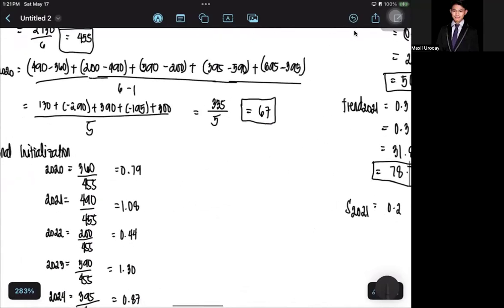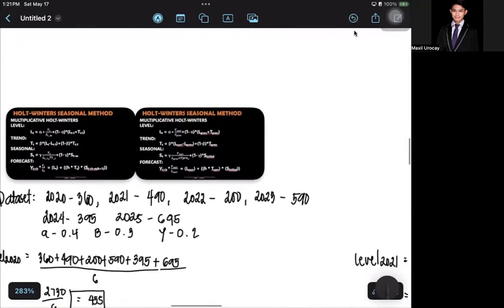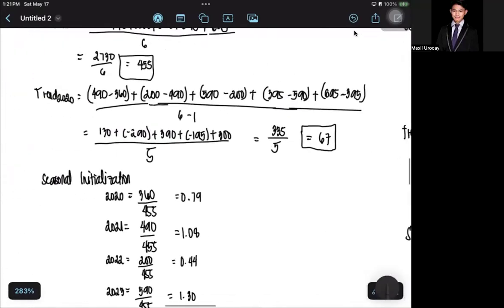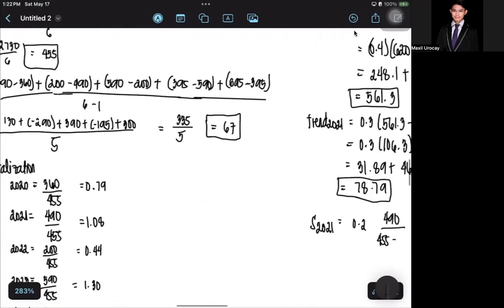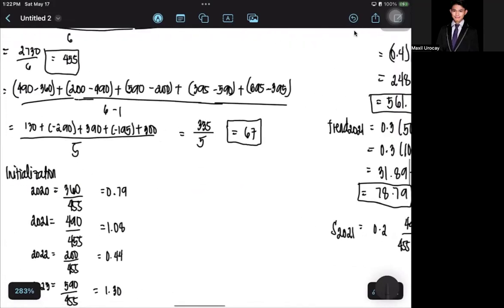The previous level is 455 minus the previous trend. The previous trend is 67, right? Yeah.